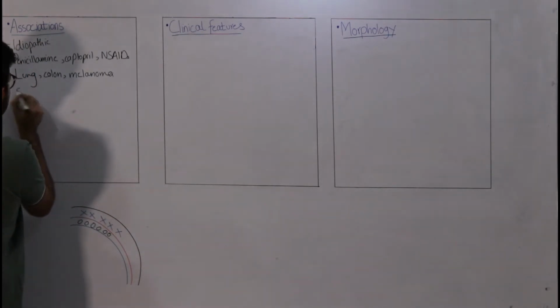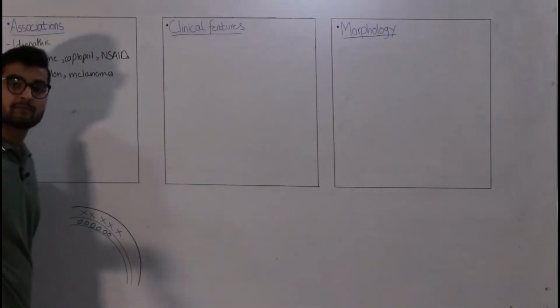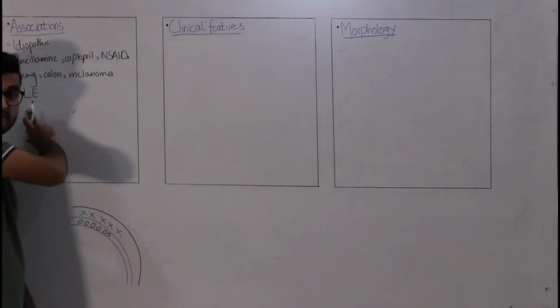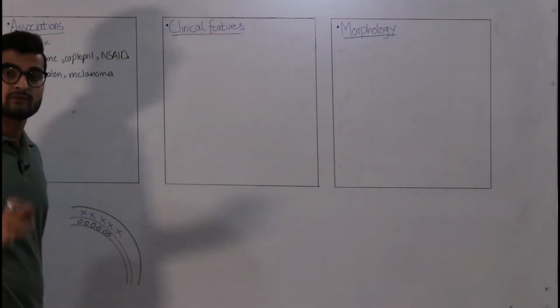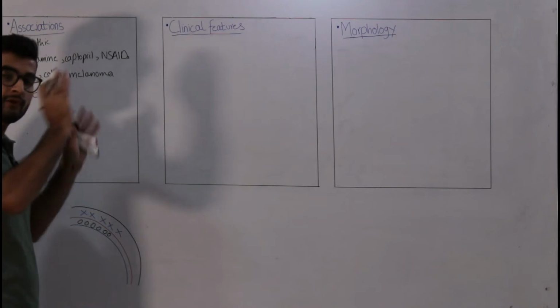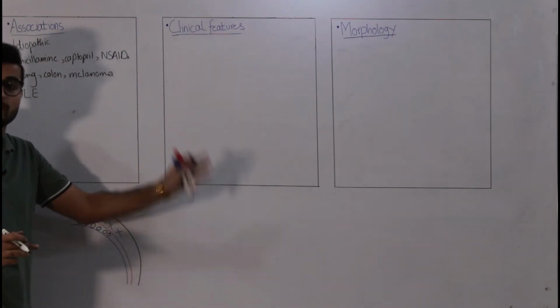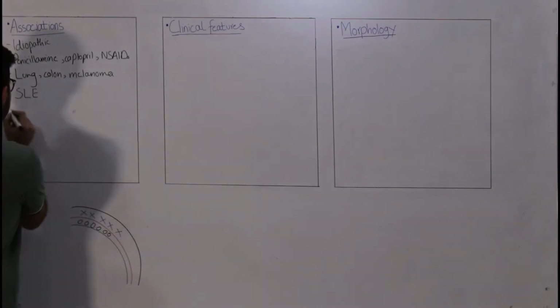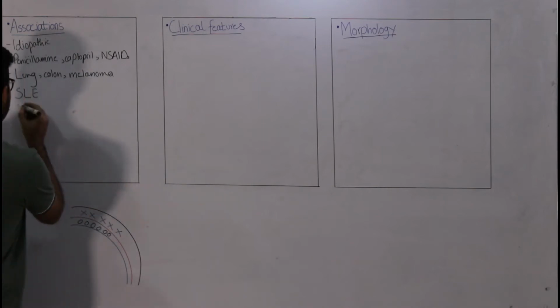Apart from that, patients who have SLE can develop membranous nephropathy. Patients who have SLE can also develop nephritic syndrome, that is lupus nephritis, but we're going to talk about that in the video of nephritic syndrome. But patients of SLE can develop membranous nephropathy.